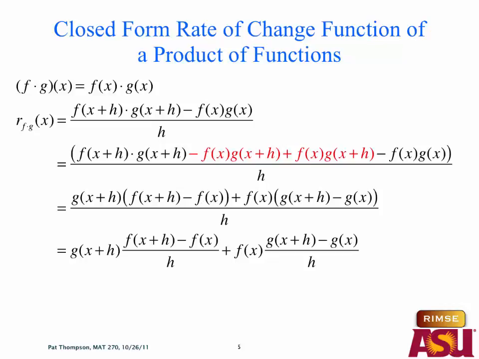When h gets really, really small, we get just g of x times the rate of change of f, plus f times the rate of change of g. This is our rule for finding the rate of change of a product of two functions. So, again, notice that it is not the rate of change of f times the rate of change of g.